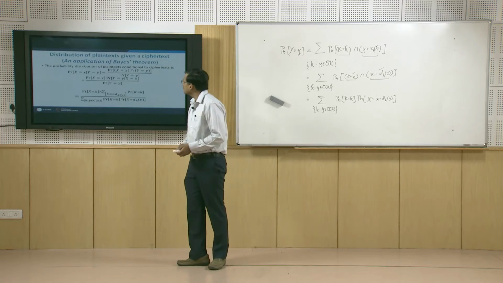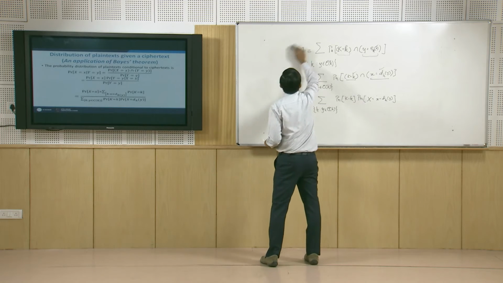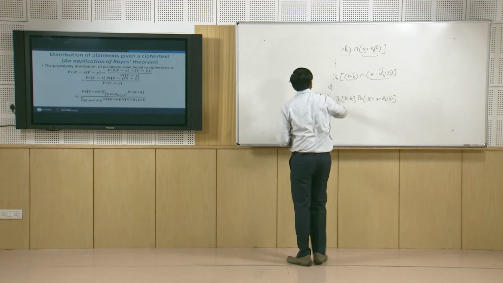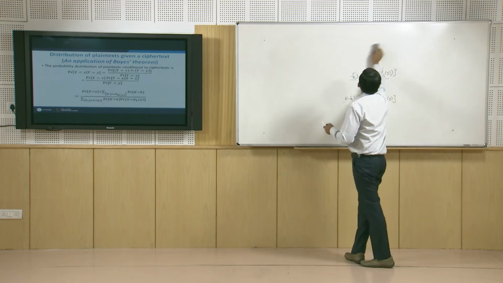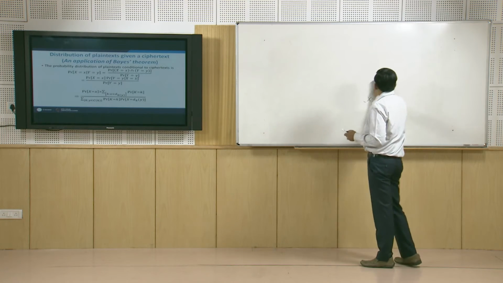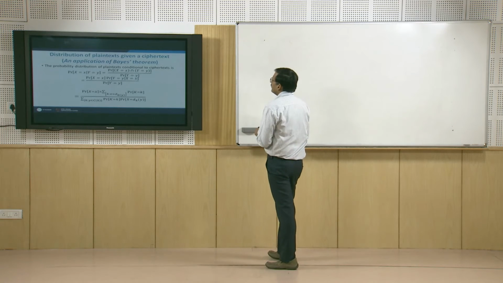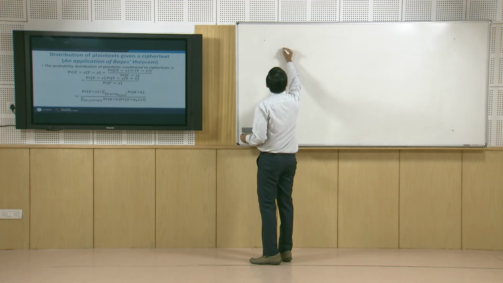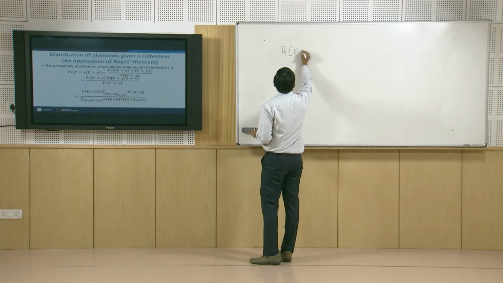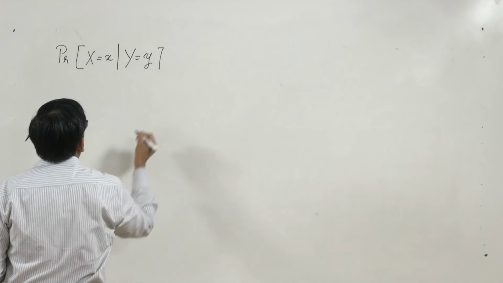Next, we can use whatever we have learnt to obtain an expression of a very important conditional probability, which is probability of capital X equal to small x given that capital Y equal to small y.